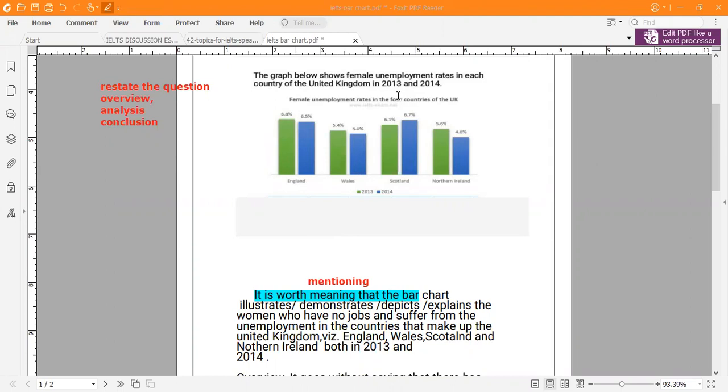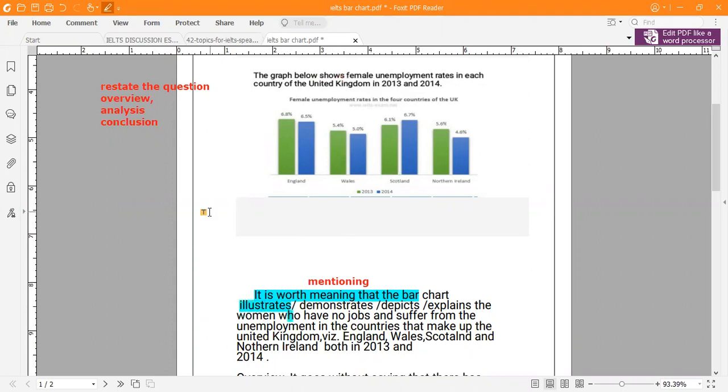So the word show here needs to be changed. You can change the word show into several types of words, maybe illustrates.